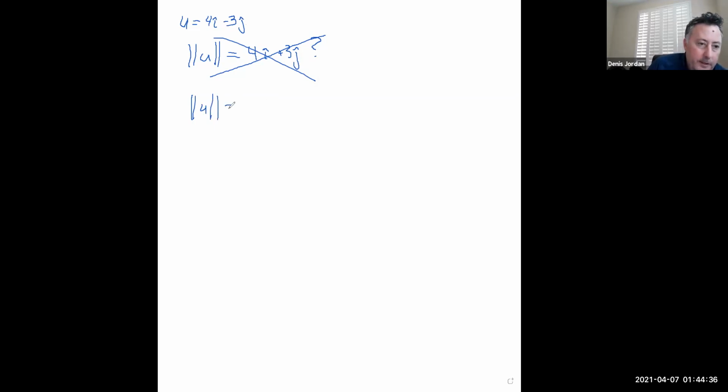There's a formula for it. It's equal to the square root of, you take the two terms, just the coefficients, and you square them. And if one of them is negative, then just stick parentheses around it, because when you square any number, it's always positive.